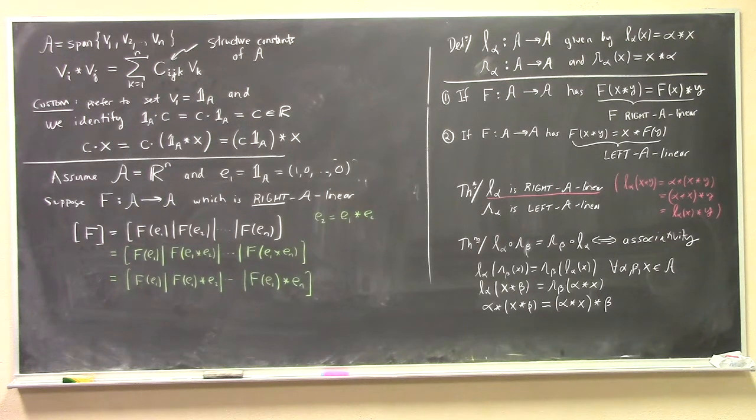All you have to do is know the first column, and then you multiply by e_2 to get the second column, multiply by e_3 to get the third column, multiply by e_n to get the nth column. So this is very special, right? Most matrices that appear as linear maps of a vector space are not going to have this pattern. You're like, well, you haven't really even told me one algebra example yet, so I can't quite understand what pattern you're getting at, but I guess I'll have to trust you.